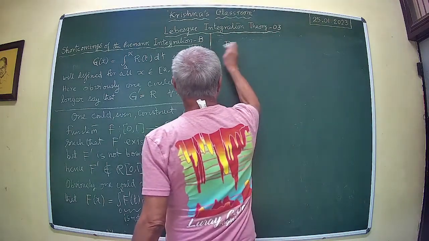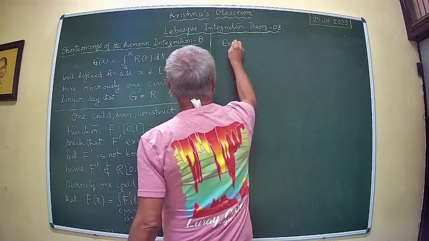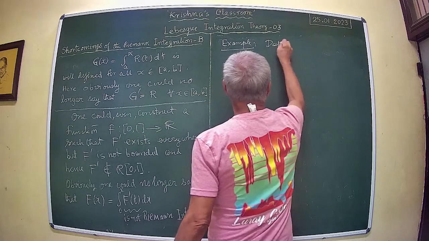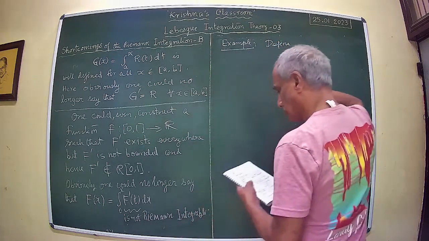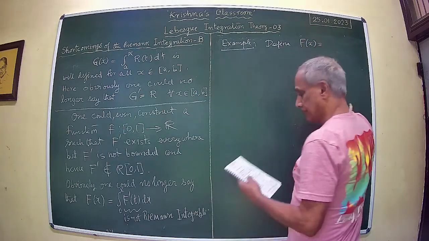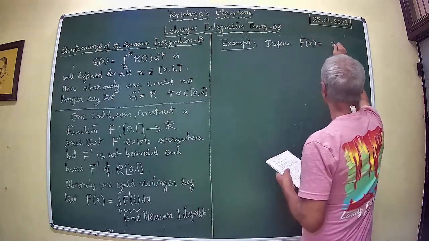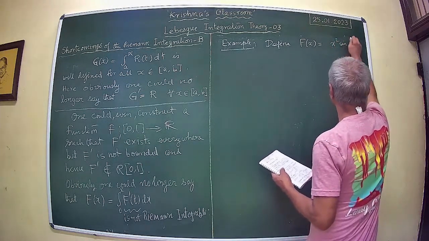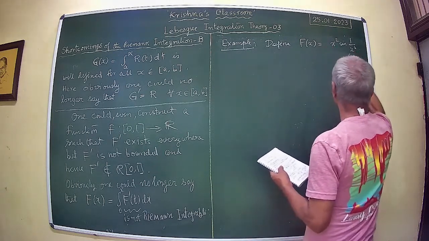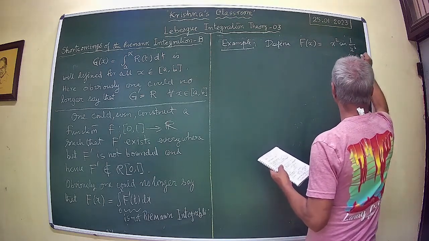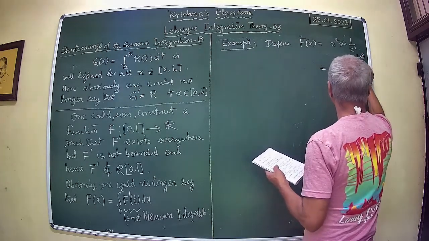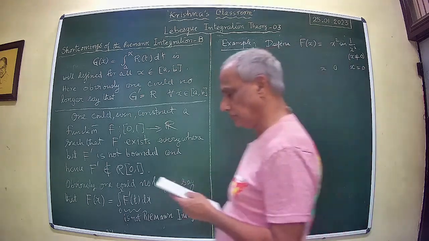Define f of x equal to x squared sine 1 upon x square for x not equal to 0, and equal to 0 at x equal to 0.